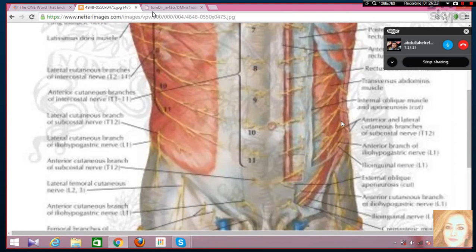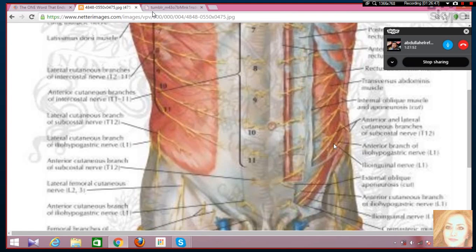You have iliohypogastric and ilioinguinal. You get them from L1, the first lumbar nerve. So we have T7 to T12, then L1. L1 gives you ilioinguinal and iliohypogastric.